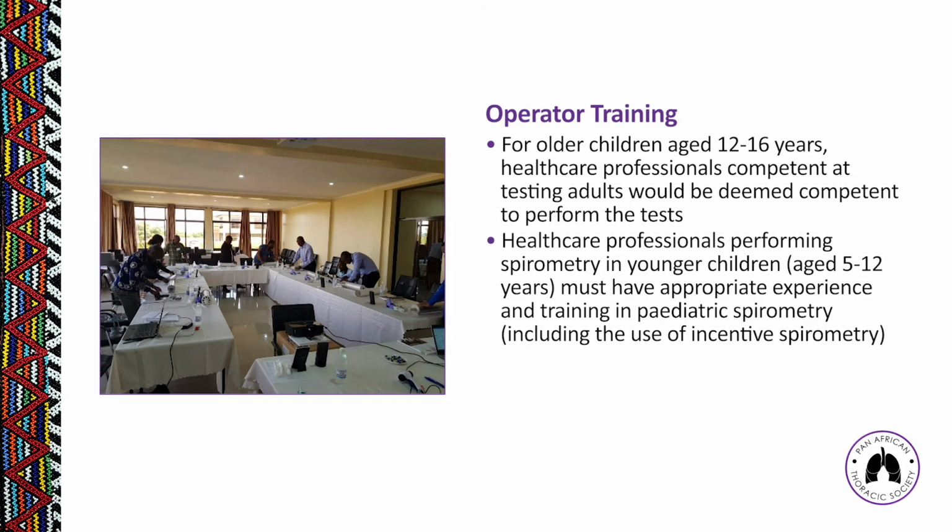But healthcare professionals performing spirometry in younger children aged between, say, 5 and 12 years must have appropriate experience and training in pediatric spirometry. And this includes the use of incentive spirometry, which is where the child can look at pictures that help them to blow faster and harder than they normally would, like blowing out candles and such like.